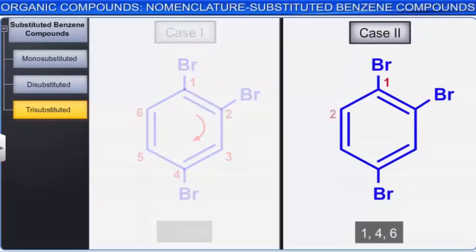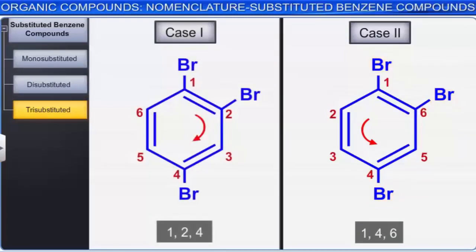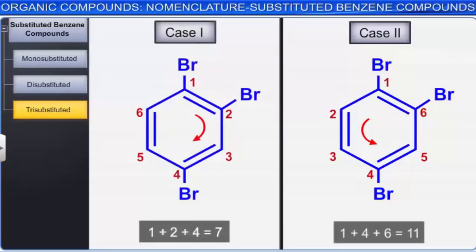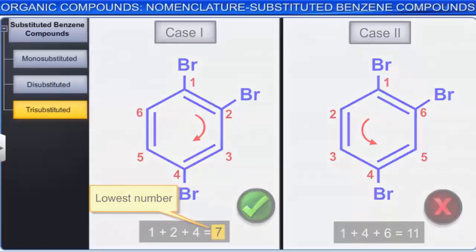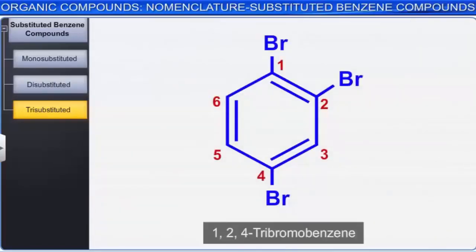If the carbon atoms are numbered in the anticlockwise direction, then the bromine substituent is found at positions 1, 4, and 6. Hence, according to the lowest locant rule, the correct way of numbering is followed in case 1. Thus, the name of the compound is 1,2,4-tribromobenzene.